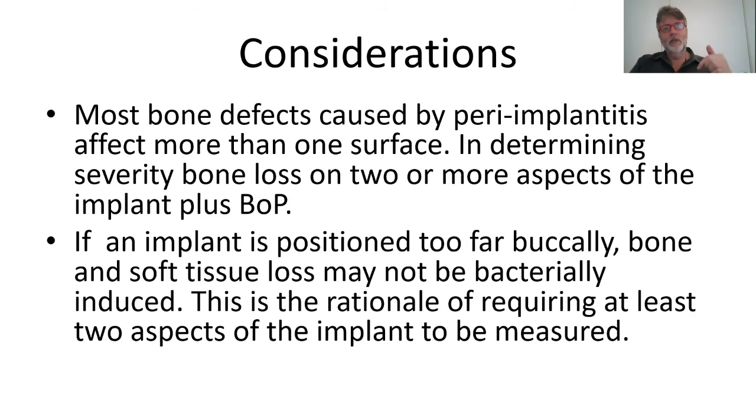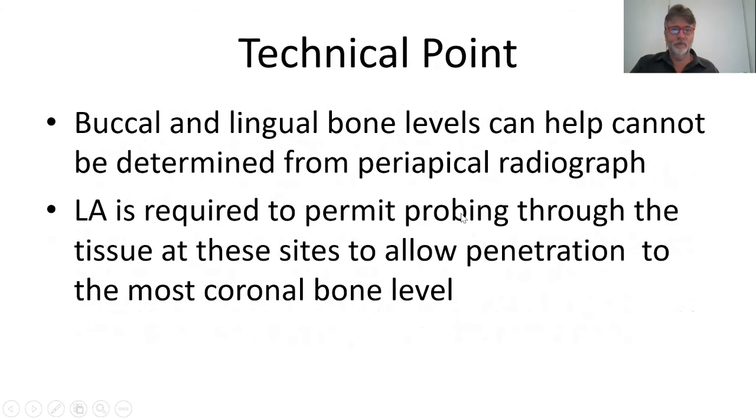You can normally see on the X-ray quite clearly the mesial and the distal bone levels, but the lingual and the buccal surfaces you can't see, and you may need to use a probe there because it might look all right mesio-distally but dip down buccally and lingually.